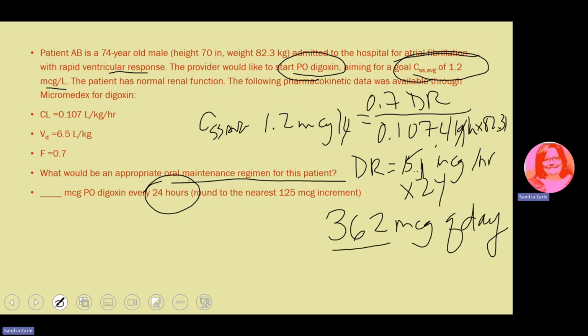But we want to have that in 125 microgram increments. So I'm going to divide that by 125. We can see it's about 3. So 3 times 125 is 375 micrograms per day. Okay, that's not too bad, is it?